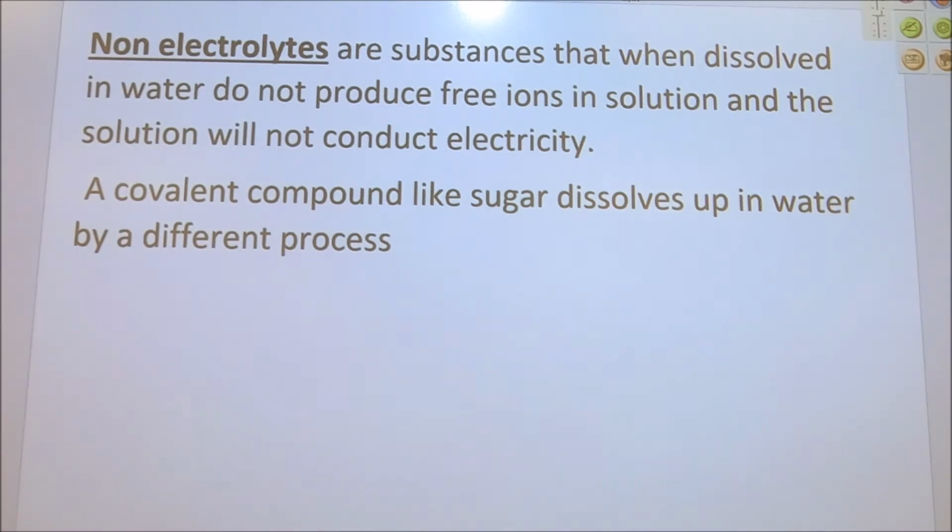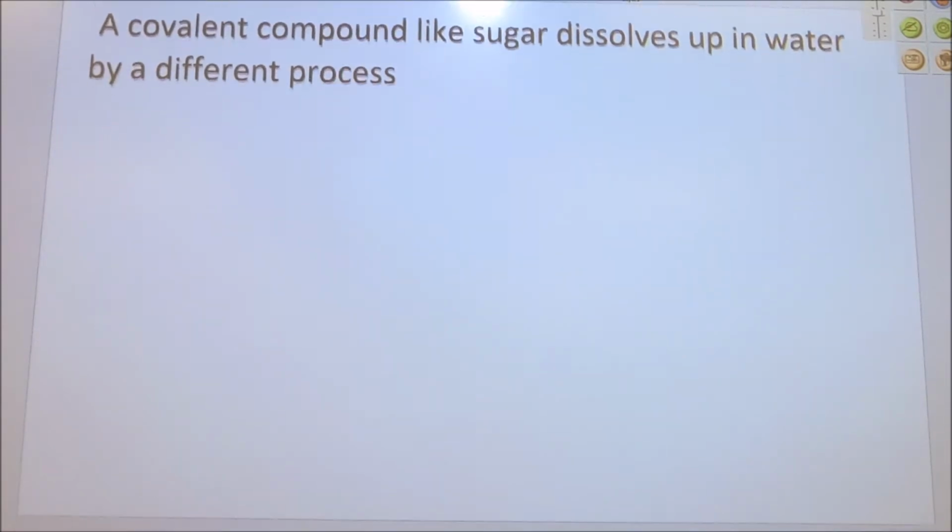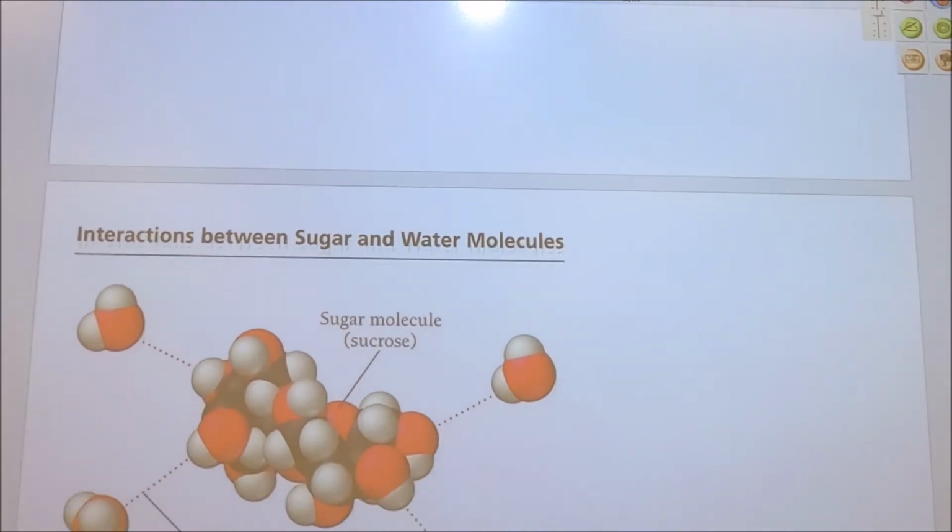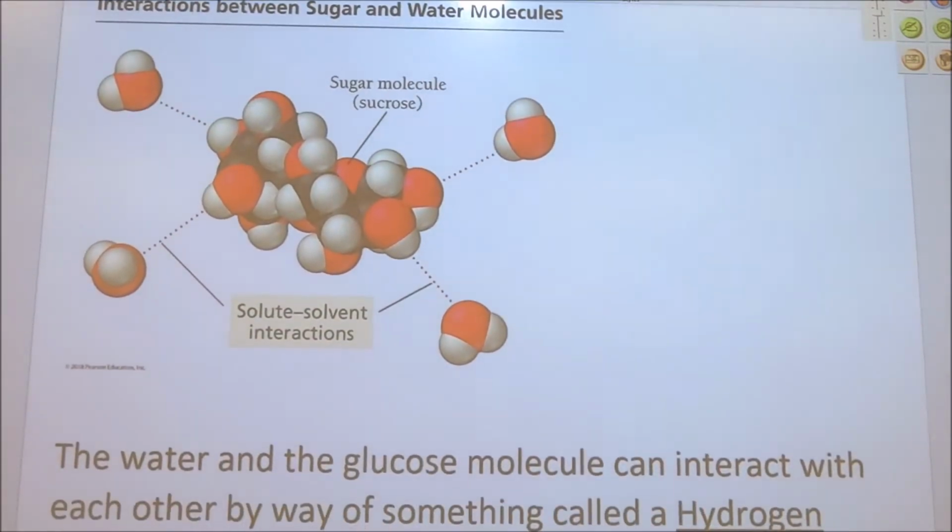So let's look at an example here. Okay, here is a sucrose molecule, and it's interacting with water. The solute sucrose's interaction with water is called an intermolecular force.